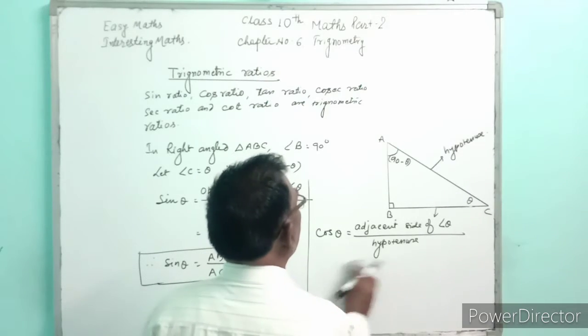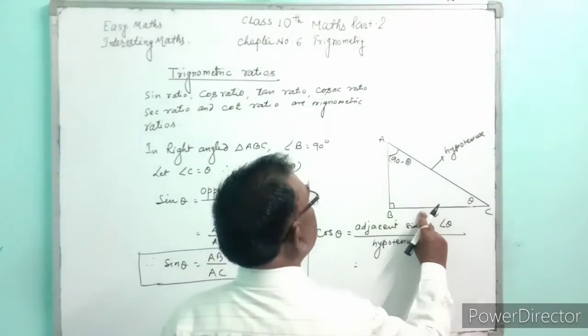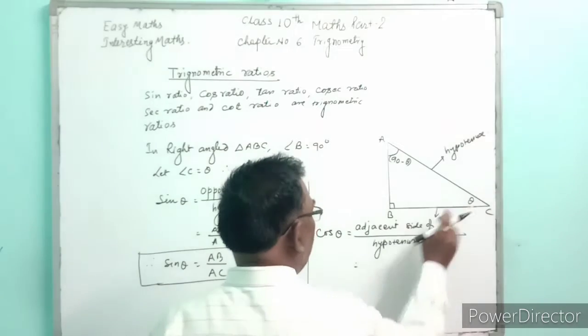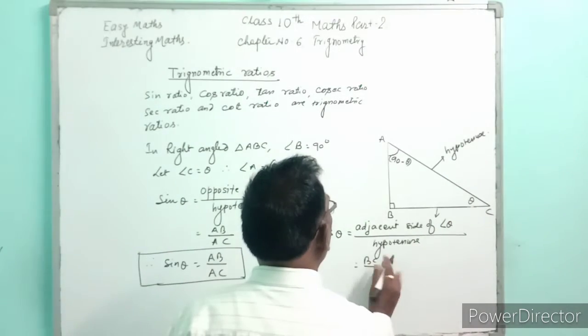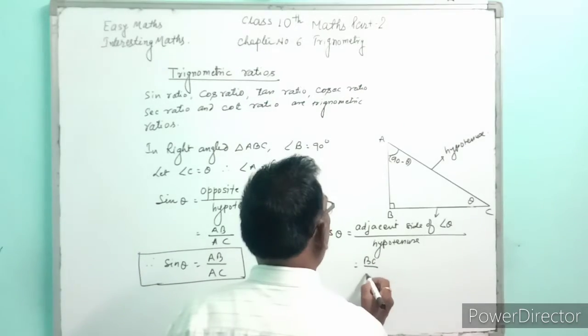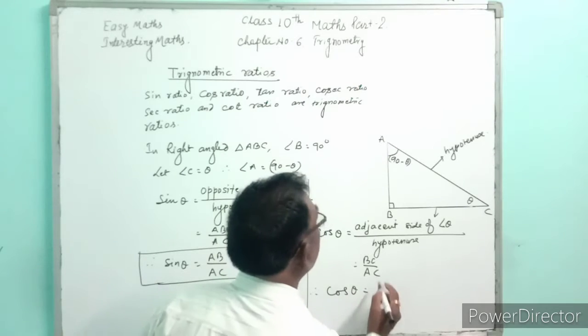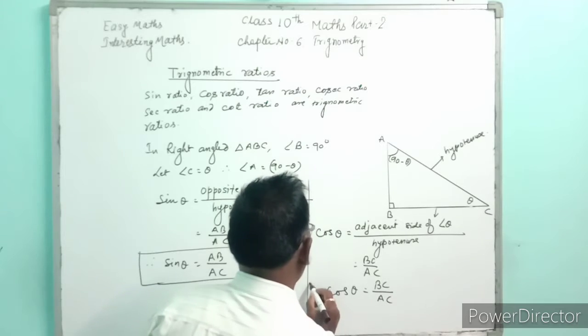Therefore, the adjacent side of angle theta is BC, divided by hypotenuse AC. Therefore, cos theta is equal to BC upon AC.